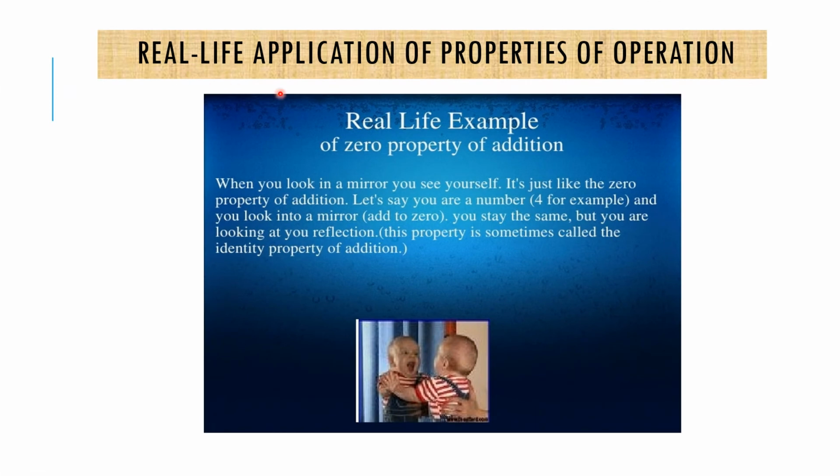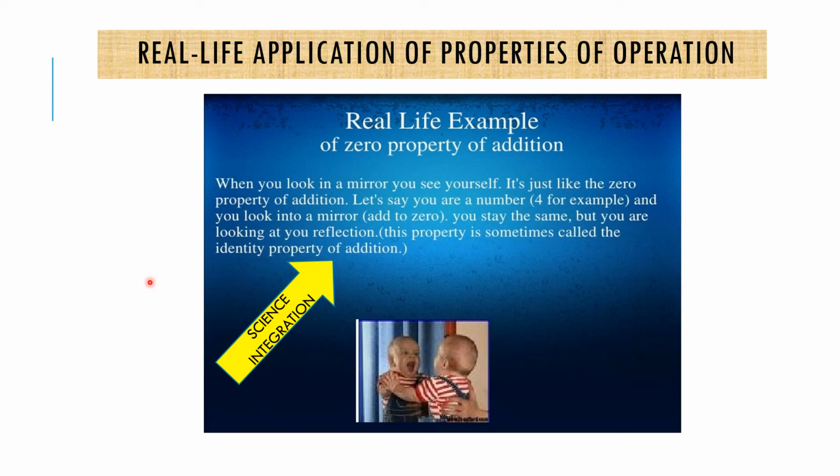We have the real-life application of properties of operation. When you look in a mirror, you see yourself. It's just like the identity property of addition. Let's say you are a number and you look into a mirror. Add 0, you stay the same, but you are looking at your reflection.